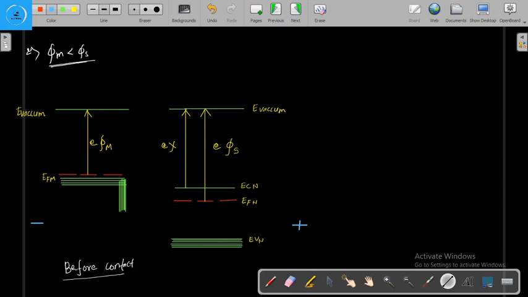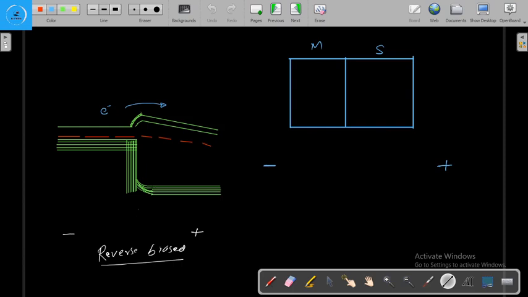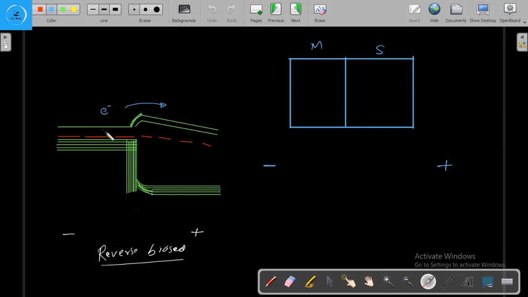Then this energy band diagram will come down and this energy band diagram will go up, and the resulting energy band diagram will be like this. And here the electron can easily go from the metal to the semiconductor.